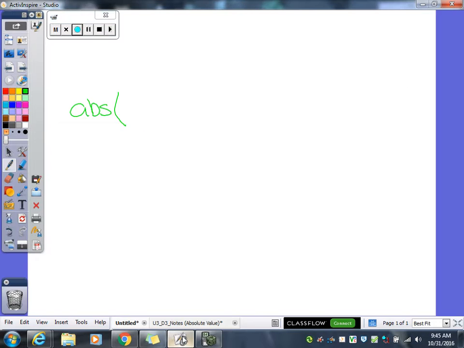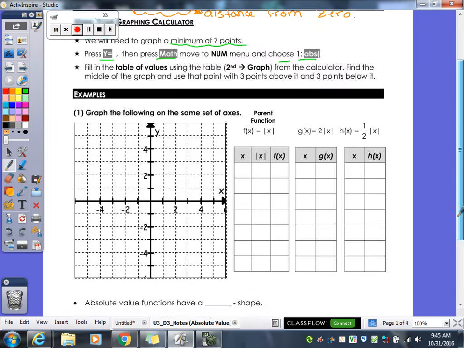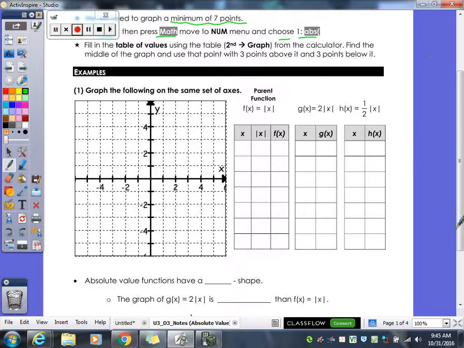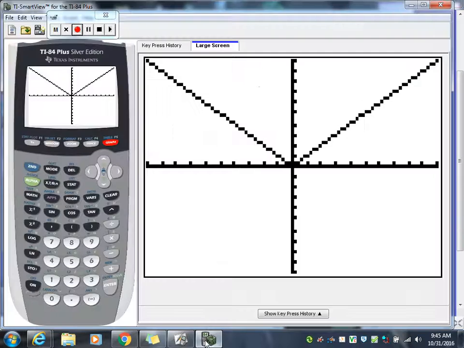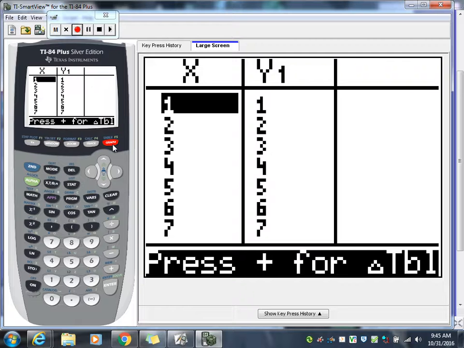So when we're going to graph it, you have to have a table of values to get your 7 points. So when we get our table of values, we hit second and graph, and remember that shows us our table. But you need to find your pattern in your Y column here, your second column.